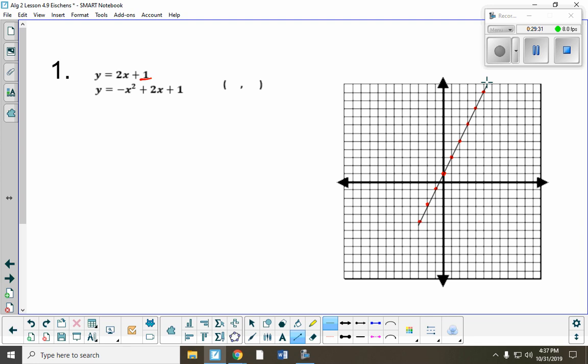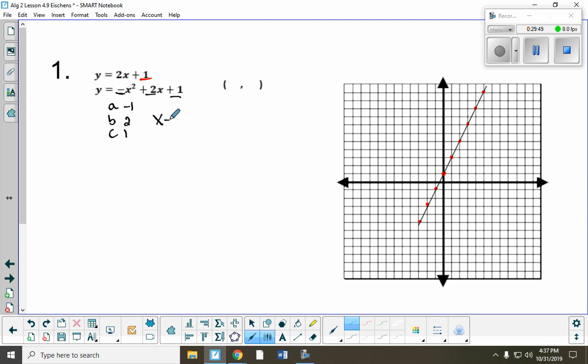And now we'll do the next equation. So this is a quadratic, and it is in standard form. So we write down ABC. So A is negative 1. I'm talking about this point here. Your B is 2, and your C is 1.